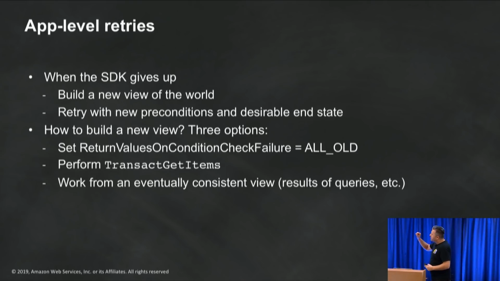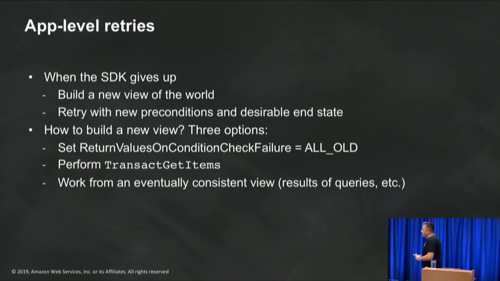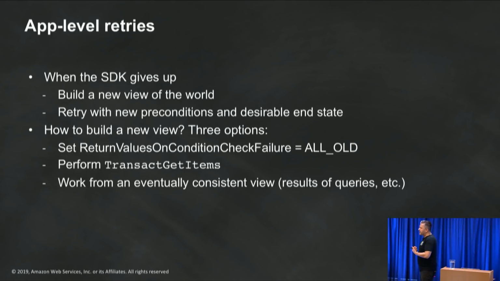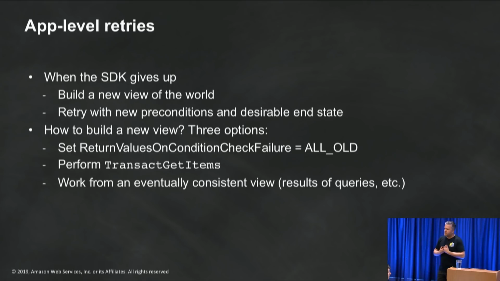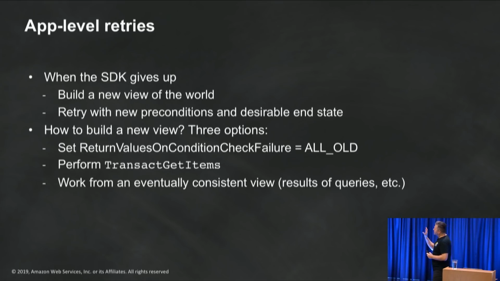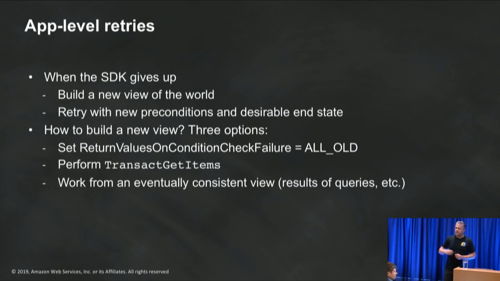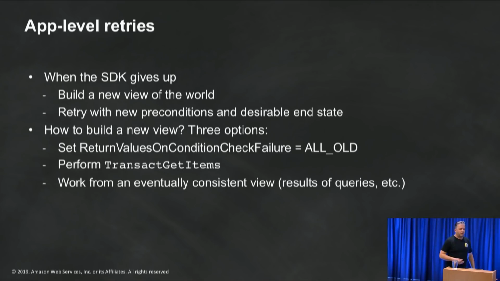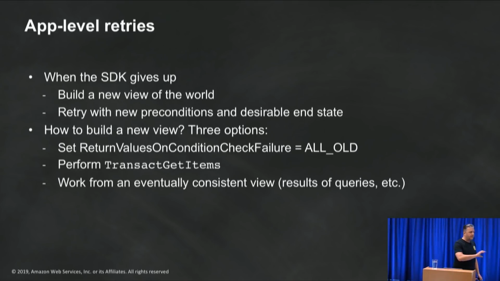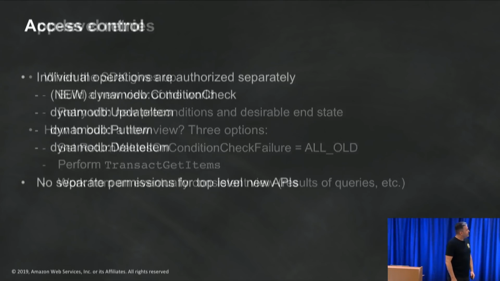You can set the option return values on condition check failure, all old, so that on the failure you actually get the current state that's committed, and you can use that to rebuild your transaction. Or you could carry out any number of read operations that are available to reread the state and recreate that transaction and execute it again.